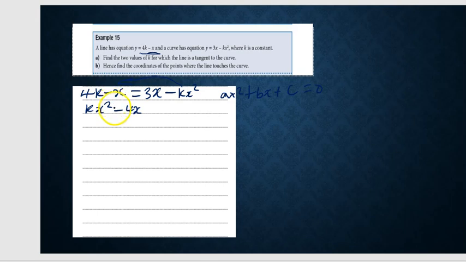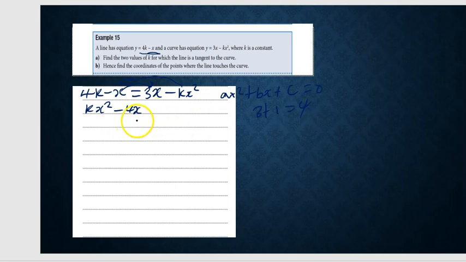So when you take the negative to this side, it becomes positive. So 3 plus 1 gives us 4.